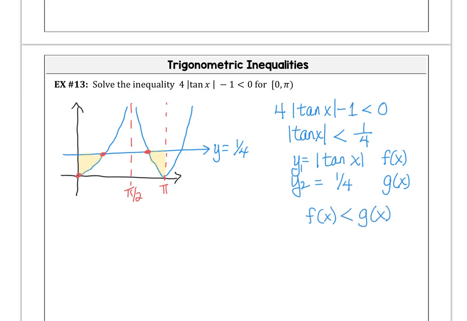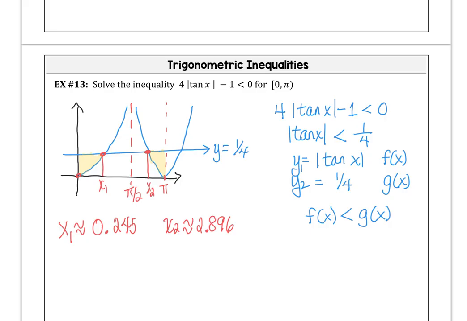And you can tell I've got it highlighted here. It's going to be in this section from 0 to something, and then it's going to be in this section from something to pi, since they've asked us to stop at pi. We're going to call this point x sub 1, and we're going to call this point x sub 2. So the intersection x sub 1, using our graphing calculator, is at 0.245, and x sub 2 is about 2.896.